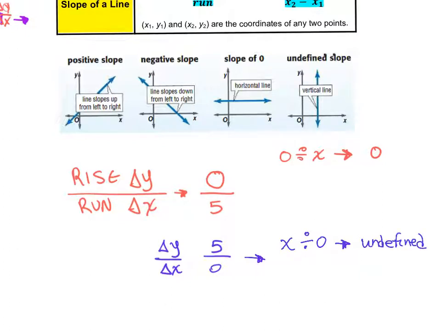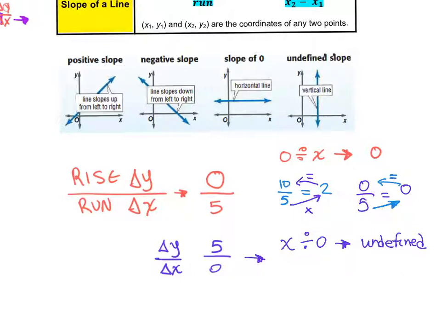And the reason it's undefined is that you can't define it. If I was to say something like 10 divided by 5, we know that gives me 2 because 5 times 2 is equal to 10. If I had the 0 example, 0 divided by 5 is also equal to 0 because 5 times 0 is equal to 0.